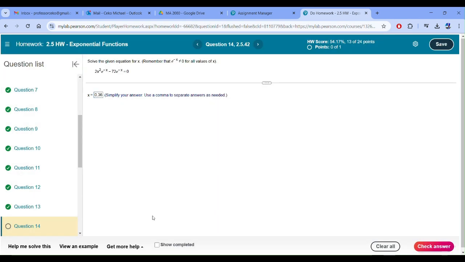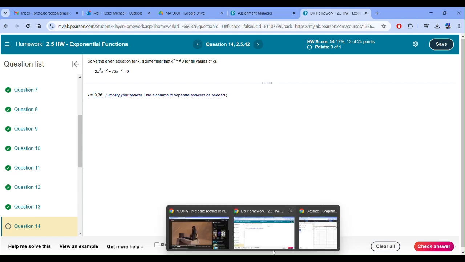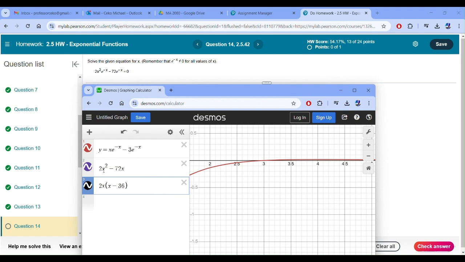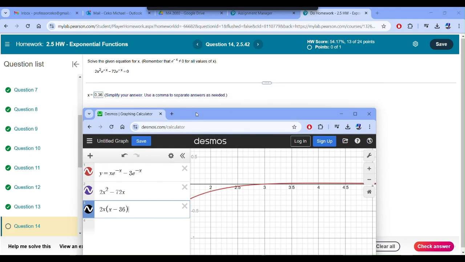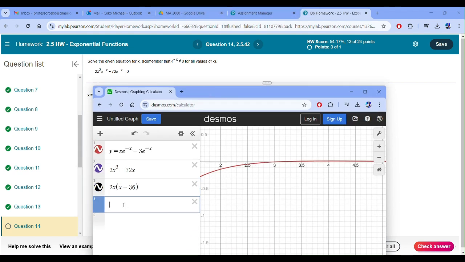Factor the left side, factor the right side. Did I do something? 72 divided by 2, that's right. 2x is equal to 0, so 0, comma, 36. 72 divided by 2, right?